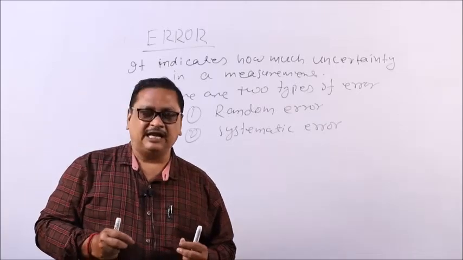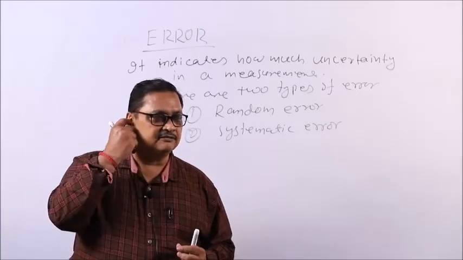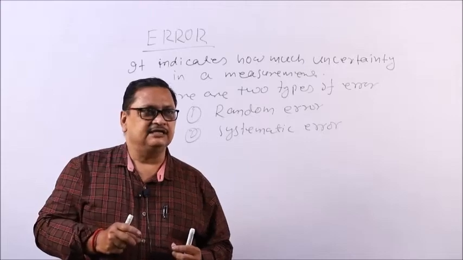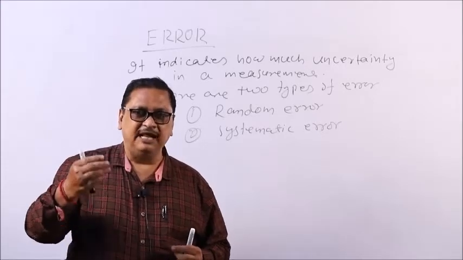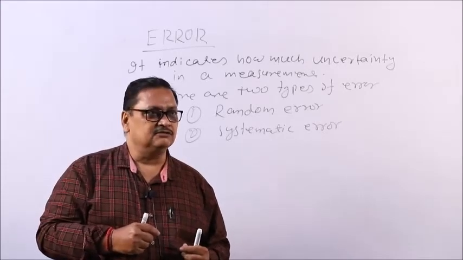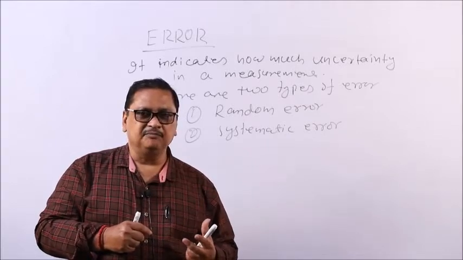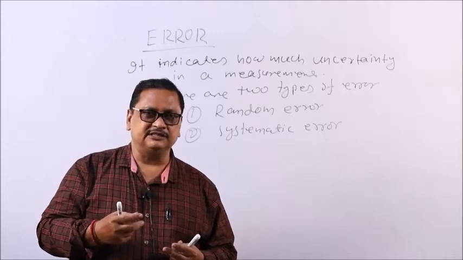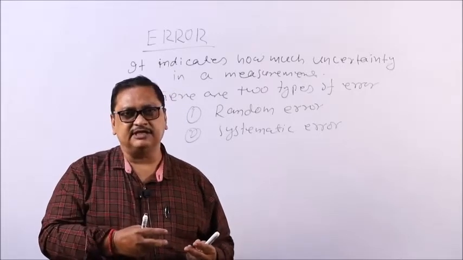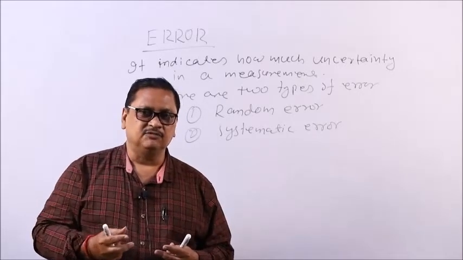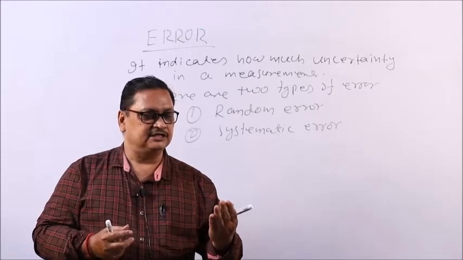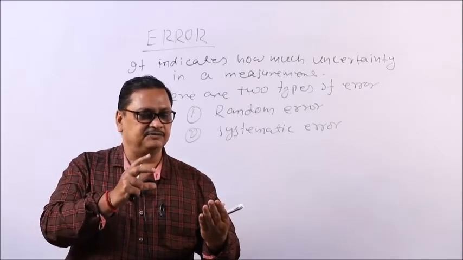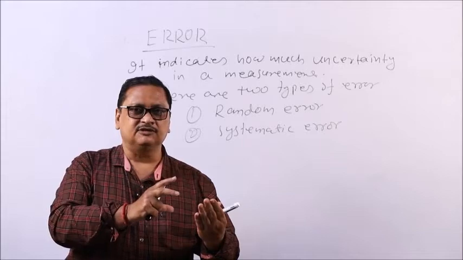Then another is parallax error. So, what is parallax error? It is basically in the plane mirror. The nature of a plane mirror is that the size of the object is equal to the size of the image. But in some plane mirrors, you will see that the size of the face is not the size of the image.